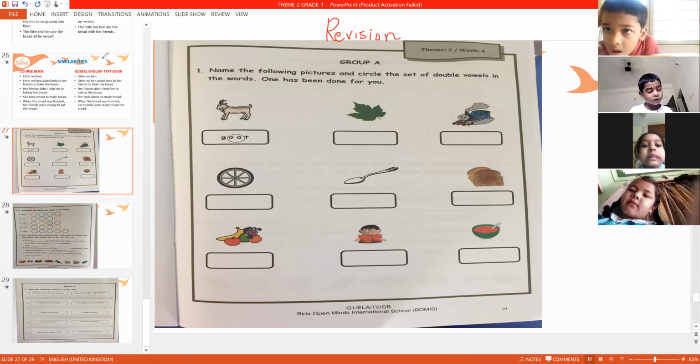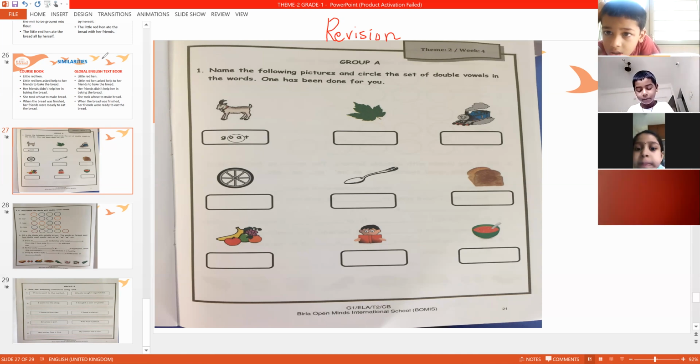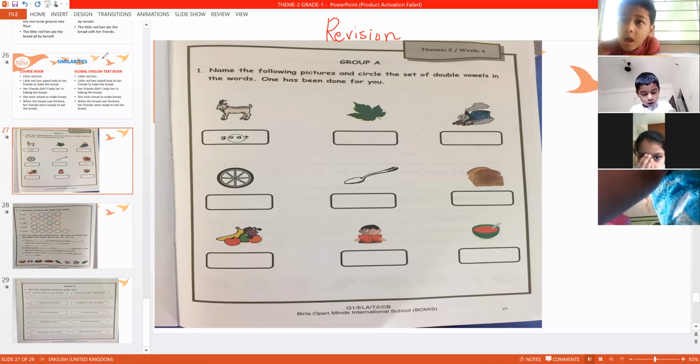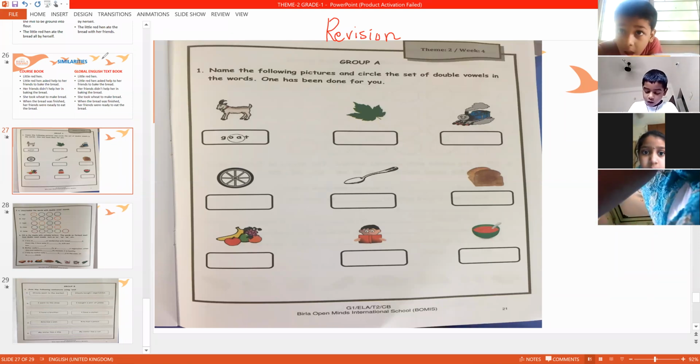Revision. Okay. Now let's see. Name the following pictures and circle the set of double vowels in the words. One has been done for you.